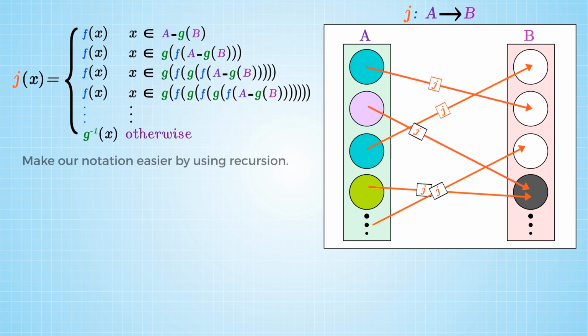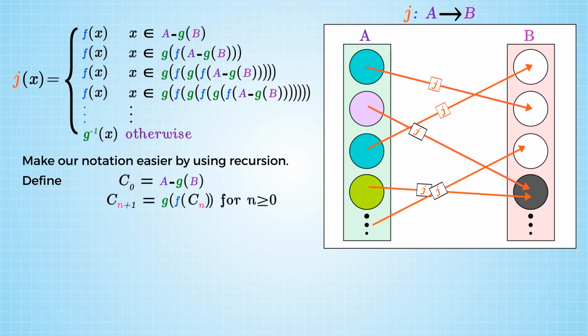Now, before we go any further, let's make our notation easier by using recursion. Define C0 equals A minus G(B), and C(n+1) equals G(F(Cn)) for n greater than or equal to 0.